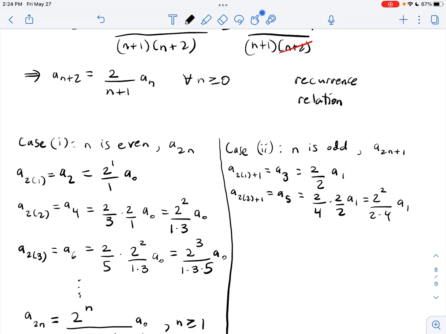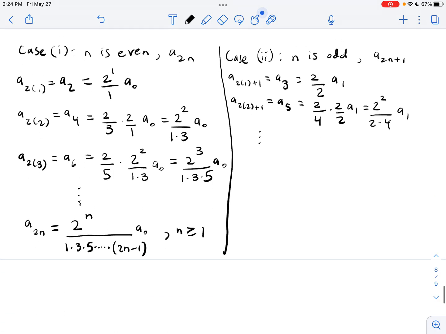And so continuing this pattern, we actually see that the same thing happens, except we're counting up by evens. So what does this mean? This means that a sub 2n plus 1 is going to equal 2 to the nth power on top.